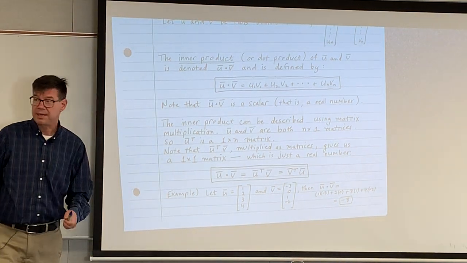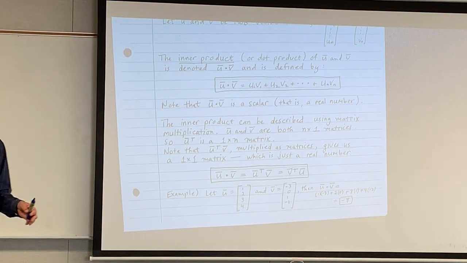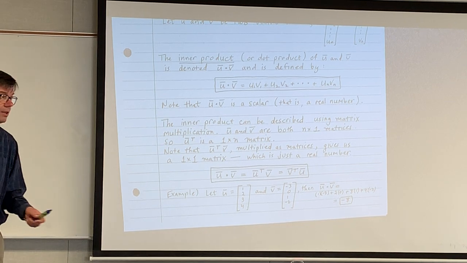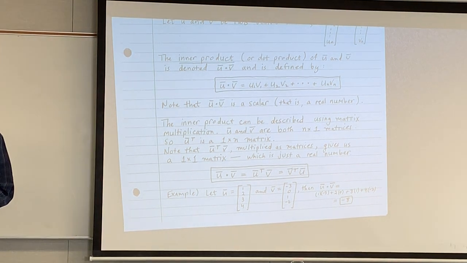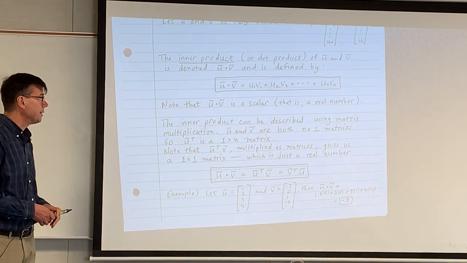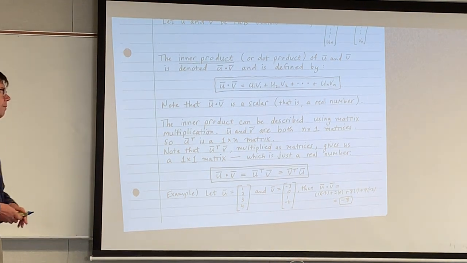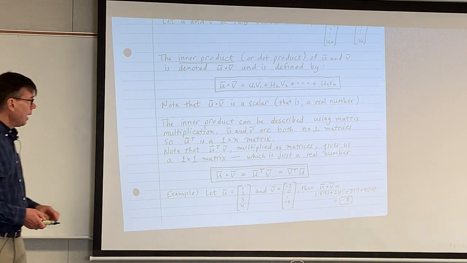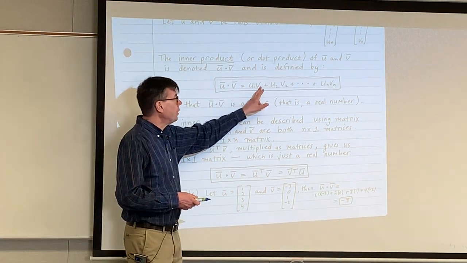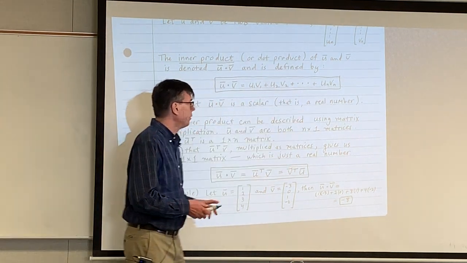So this is based on the standard basis. We did all this talk about how vectors can be described in different bases. The inner product is just defined from the standard basis form, because of course if you use different coordinates, that would come out different. So we're fixing the standard basis here. And it's just a number when you add all these up. You're just going to get a scalar quantity.